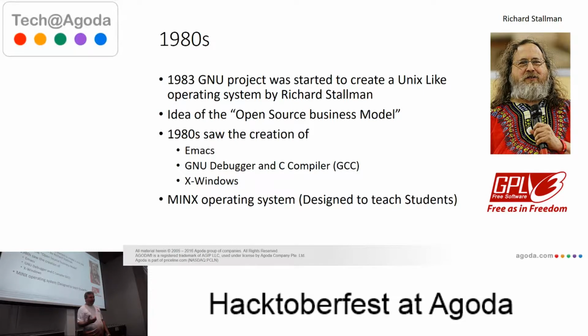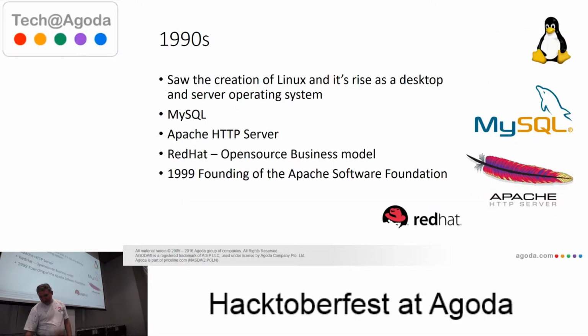And so they came up with this concept of the open source business model, where you have services around the open source software, and that's how you can monetize open source software. And this is also when we saw things like Emacs, GCC was released, X Windows, and also the Minix operating system.